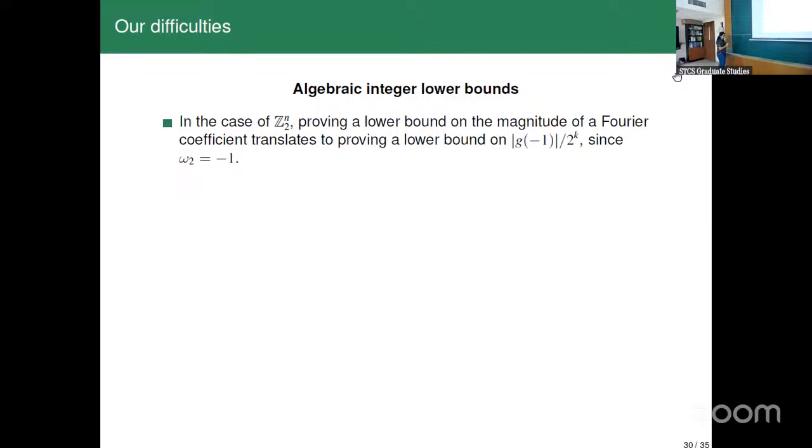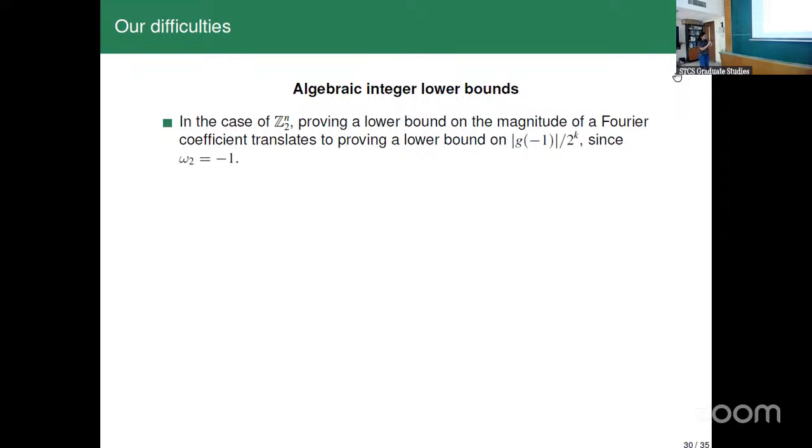Now, whenever omega p is equal to minus 1, the whole thing is an integer. So in that case, it was easier to conclude that the bound is 1 by sparsity. In this case, it is not true, as already stated.